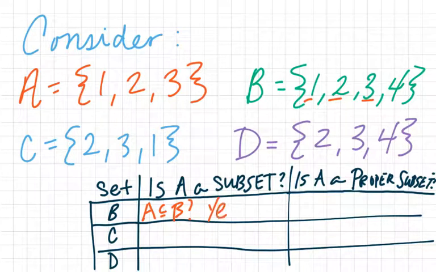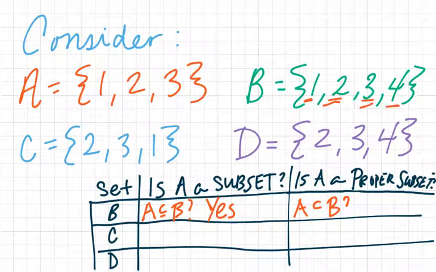So yes, A is a subset of B. The second question is asking, is A a proper subset of B? Which means, are all the elements of A contained in B without the two sets being equal? Well, A contains 1, 2, and 3. B contains 1, 2, 3, and 4. So they are not equal. So therefore, A is a proper subset of B.